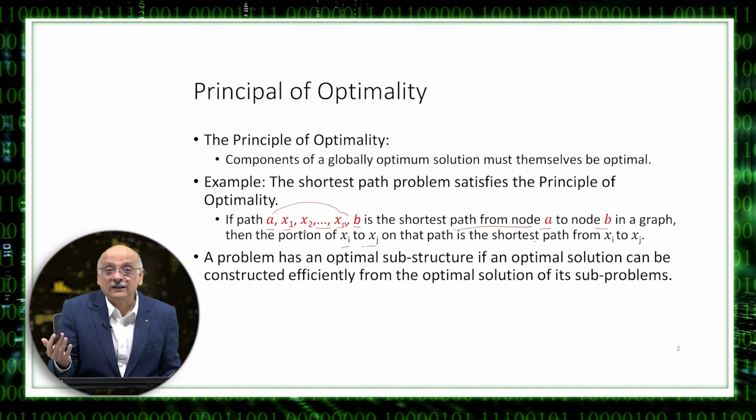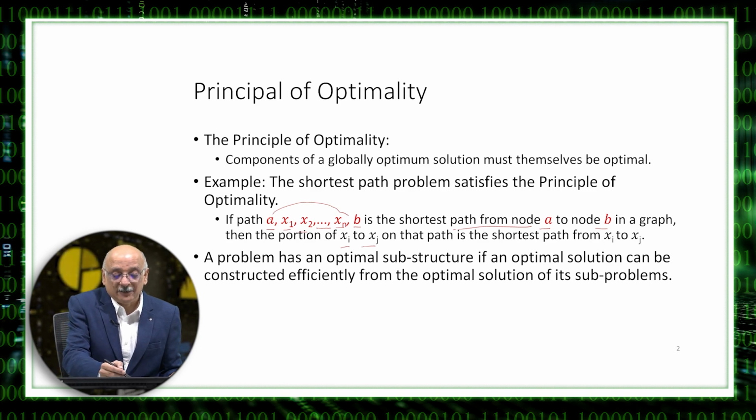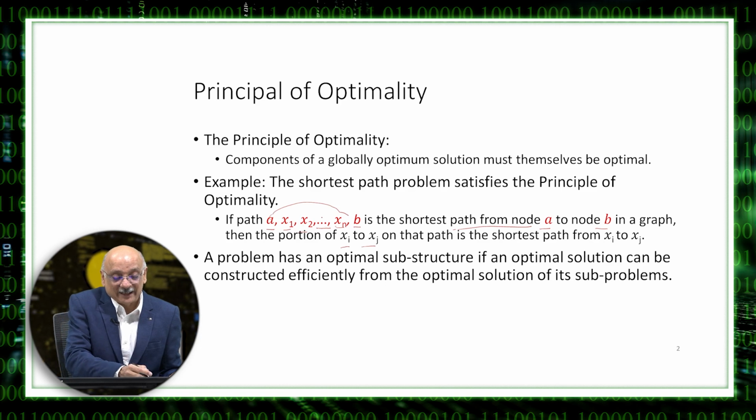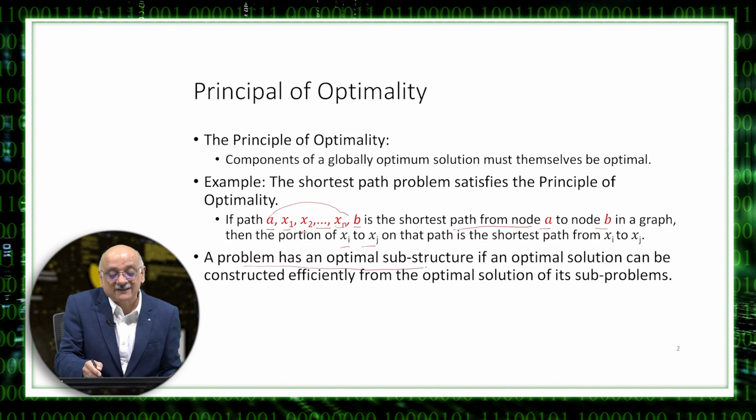That is what the principle of optimality says: if there is a short path between x2, x3, x4 on the path from A to B, then x2, x3, x4 will also be the shortest path between x2 and x4. With that, a problem has an optimal substructure.